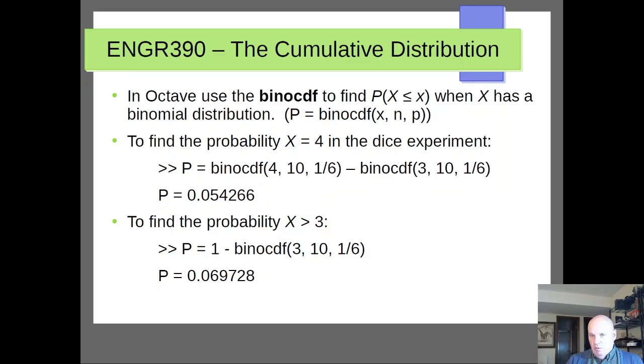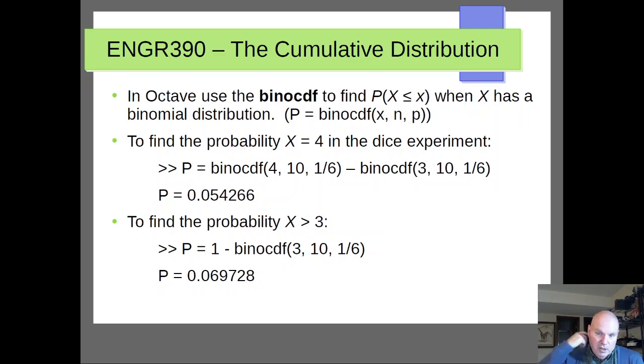For example, previously we found the probability that x is equal to 4 in the dice experiment by directly calling binopdf with an argument of 4. Here we want to find the probability that x is less than or equal to 4 minus the probability that x is less than or equal to 3. This will give us the probability that x is exactly equal to 4. And this is the same value that we got before.